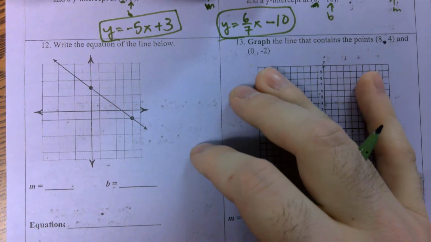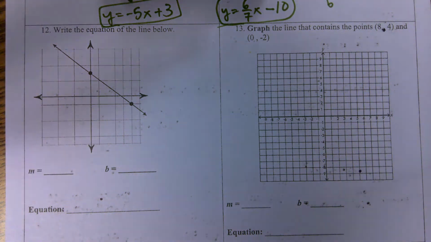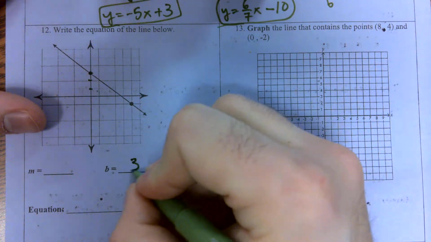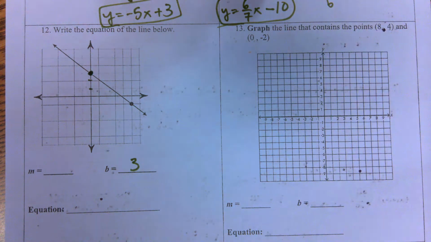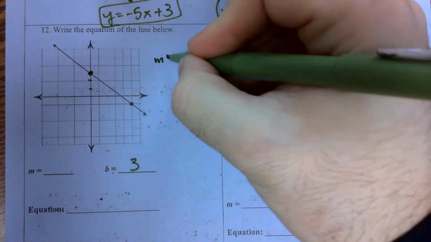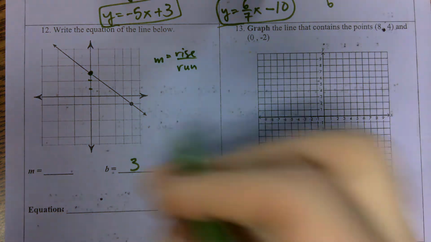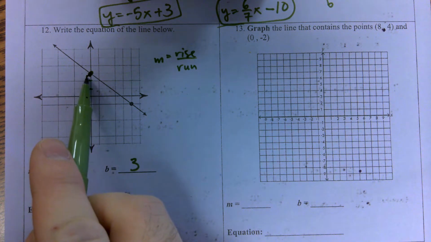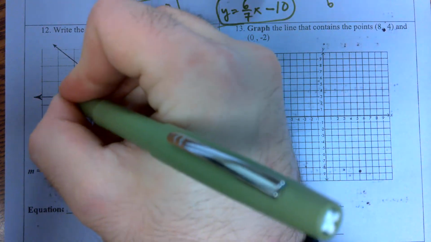Now let's go down and get some graphing done here. We got to write the equation of this line below. I know the lines are a little hard to see on this paper, but we can count up 1, 2, 3. You know our y-intercept is right there at 3. Now let's figure out our slope. We're going to do rise over run, starting with the leftmost point and moving to the right. We're going to start right here, and we see that we're rising 1, 2, 3, 4 spaces downward.